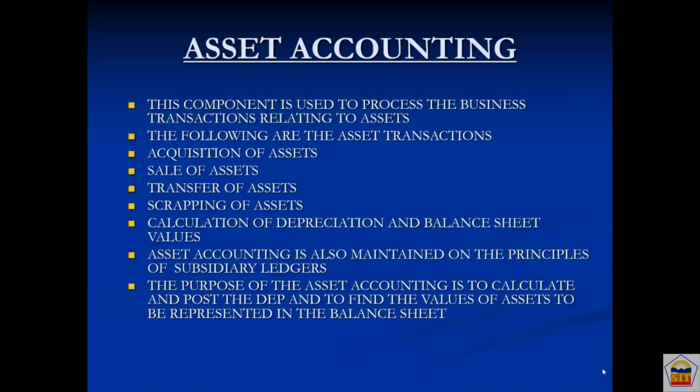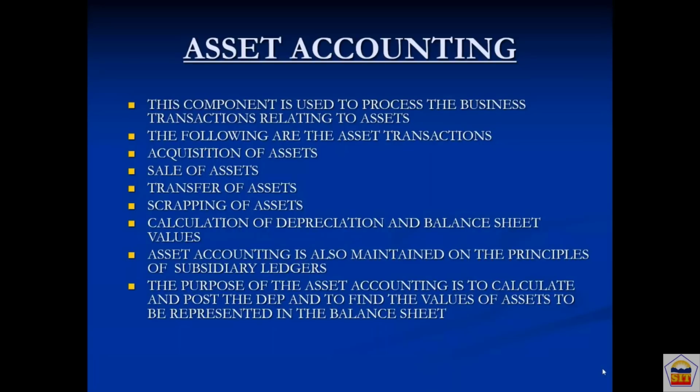Then it says that asset accounting is maintained on the principle of subsidiary ledger. The way you maintain a vendor account and a customer account with reconciliation accounts in account payable and account receivable accounting, in the same way in asset accounting you will again create two accounts: a subledger account and a reconciliation account.